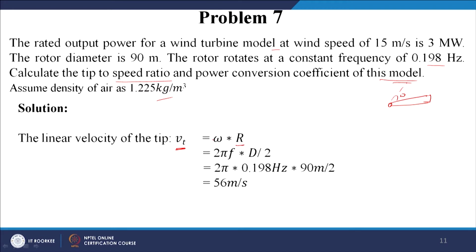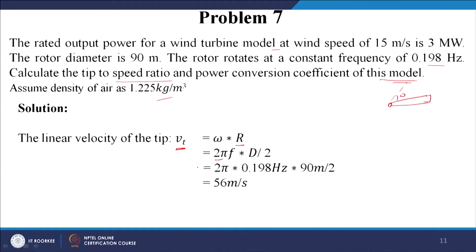But this omega is equal to 2 pi into f, where f is the frequency. Per second, how many revolutions? One revolution is 2 pi, so 2 pi into the frequency f.